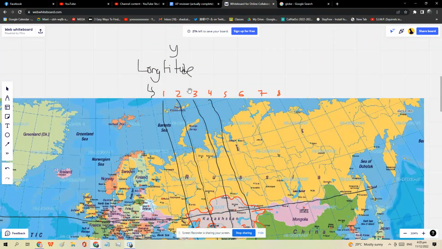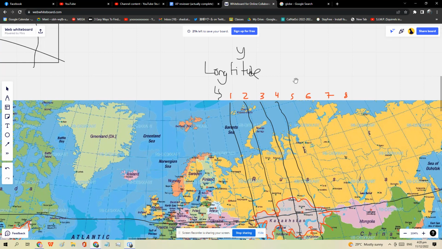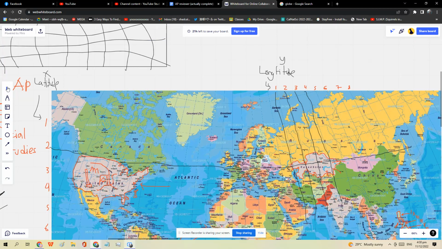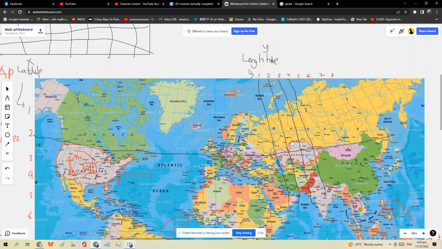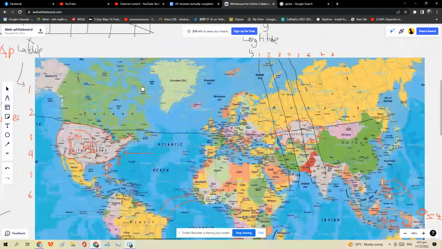They aren't actually called 1, 2, 3, 4, but they're just there for example's sake. So you interconnect the x-axis and the y-axis, or latitude and longitude, and find the point where they intersect in order to find the absolute location of this area.